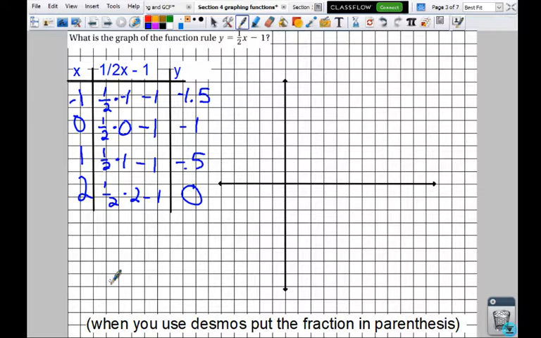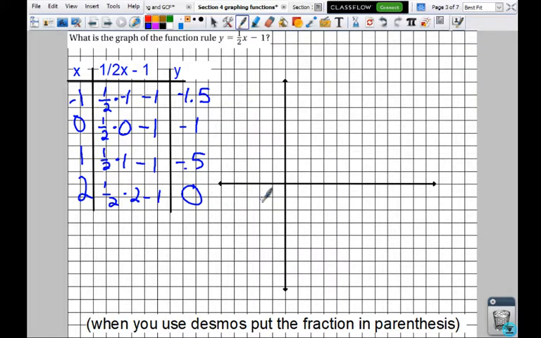We're done with our table. We're going to graph it now, but let's look at it a little bit. I'm going from -1 to 2 in x's, which is fine. But for my y's, my smallest y is -1.5. My biggest y is 0. Those are pretty close together, right? So let's go by 0.5s this time instead of 1s. Make it a little bit nicer. Because I'm only going negative though, I'm just going to go down. I'm not going to worry about going up.